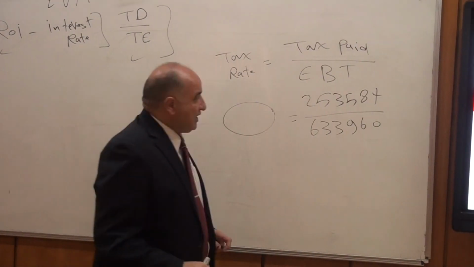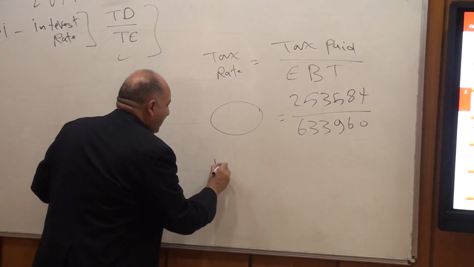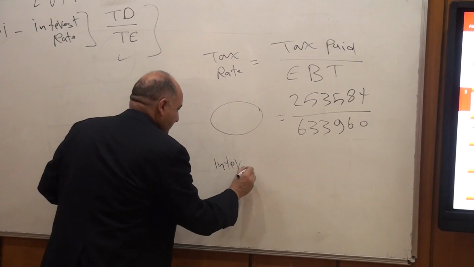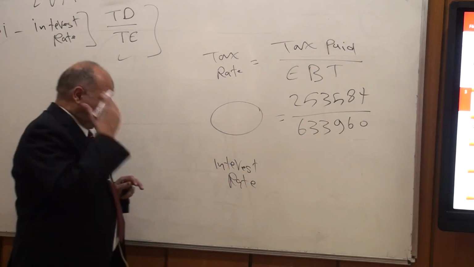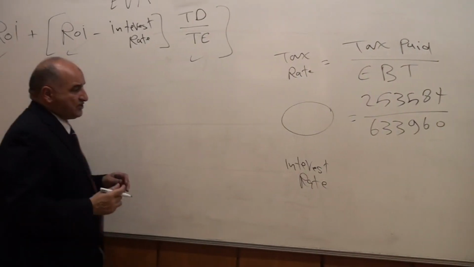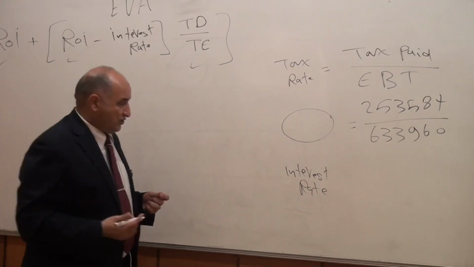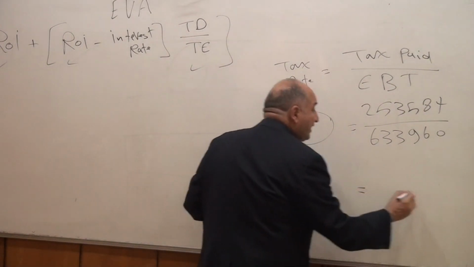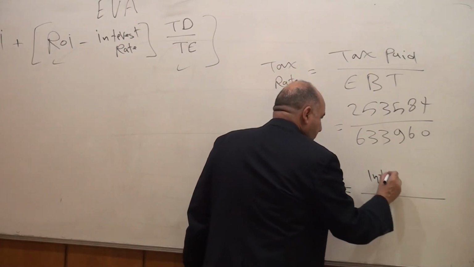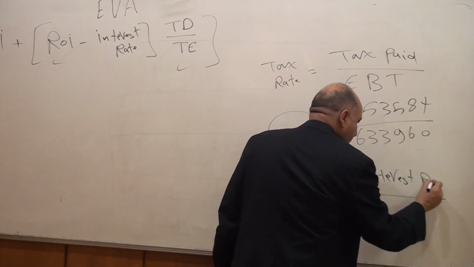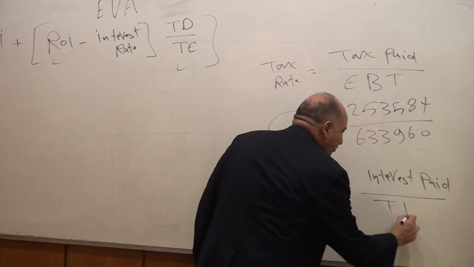How can we calculate the interest rate? To get the interest rate, you have to know that the interest we pay is because we have debt. So to get the interest rate, you have to get the interest paid divided by total debt.